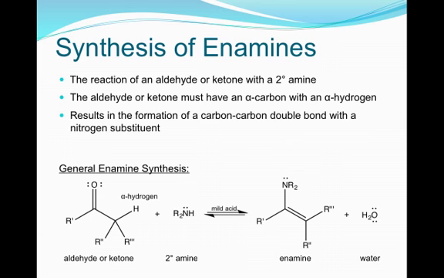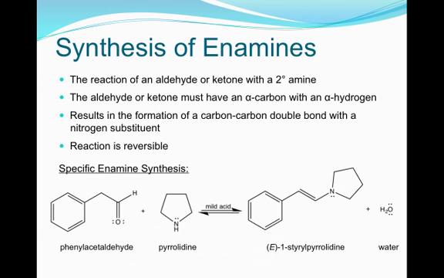The result of this synthesis is the formation of a carbon-carbon double bond with a nitrogen substituent, and, as with the imine synthesis, this enamine synthesis is also a reversible process. The reverse reaction to this enamine synthesis is referred to as enamine hydrolysis.